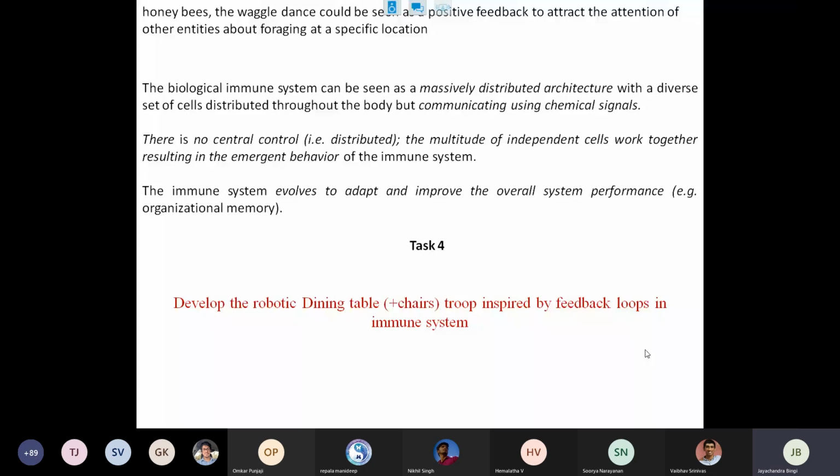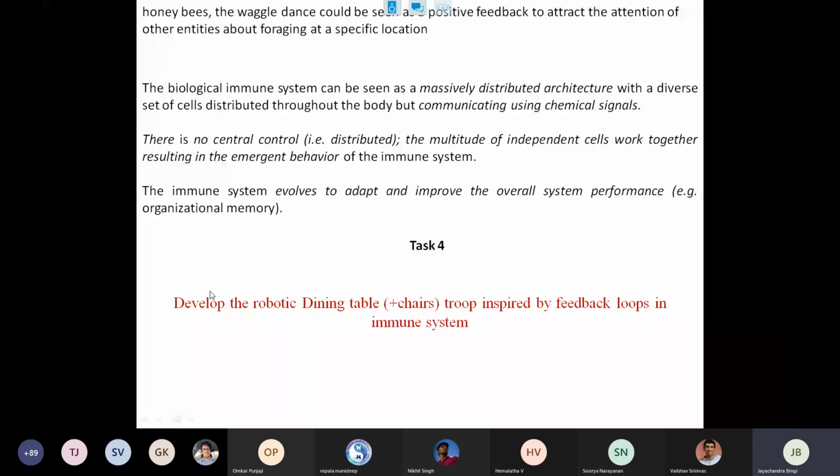Okay. Now, before going to the other, I would like to give the assignment. This assignment you have to take it very seriously. You have to do it. Now, for the last 2-3 weeks you are working on the smart dining table. So in the smart dining table, tell me how many feedback loops you can observe.